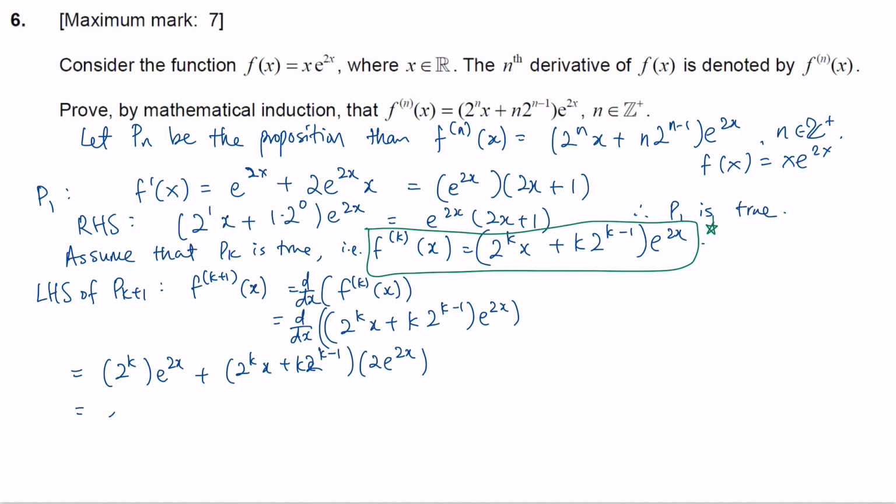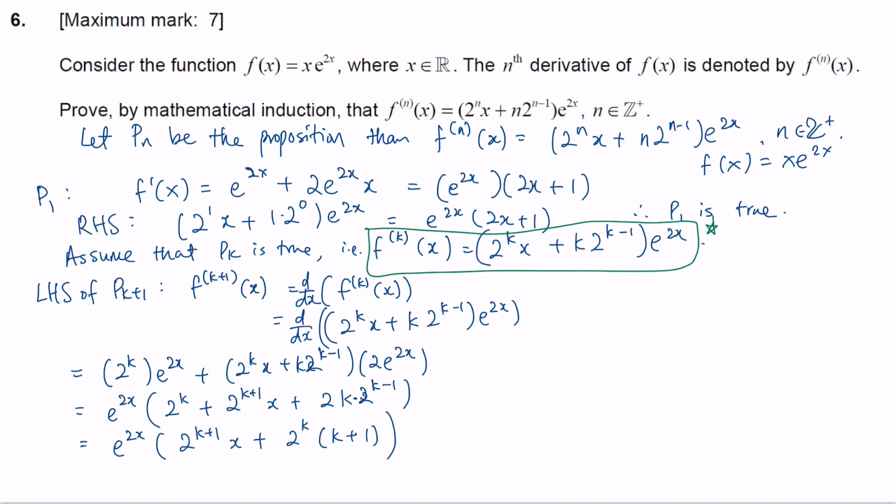Let's factorize e to the power of 2x. So that's 2 to the power of k plus 2 to the power of k plus 1 x plus 2k times 2 to the power of k minus 1, which is actually 2 to the power of k. So this is e to the power of 2x times 2 to the power of k plus 1 x plus 2 to the power of k times (k plus 1).